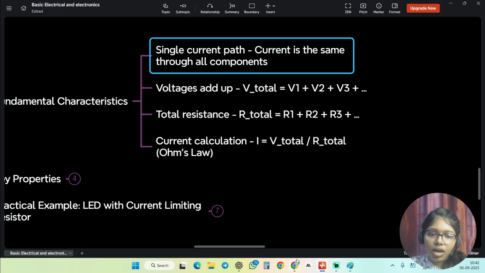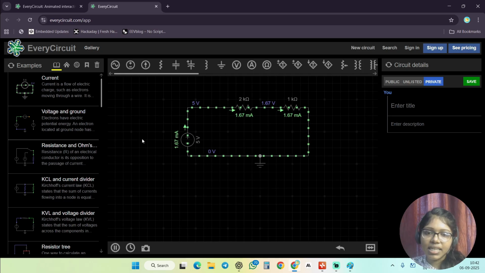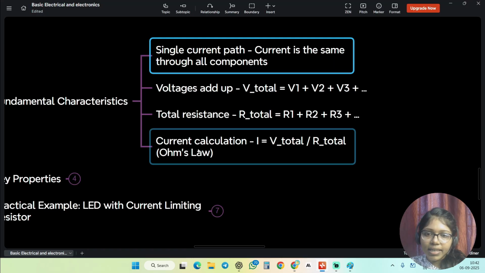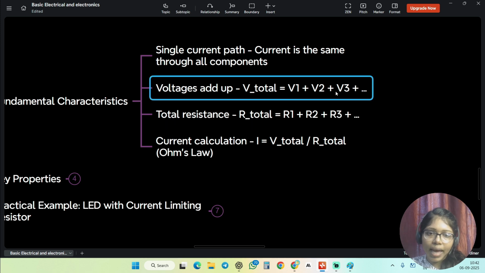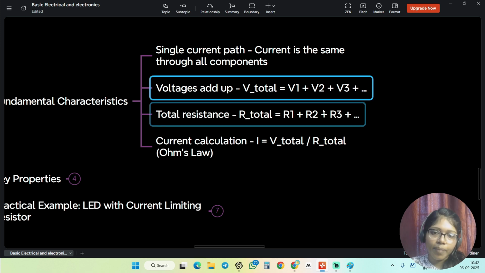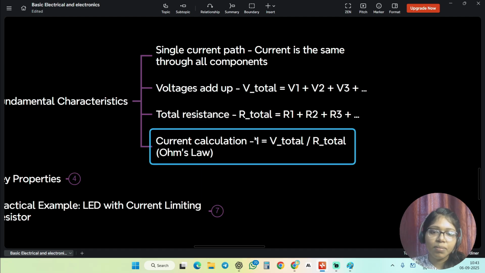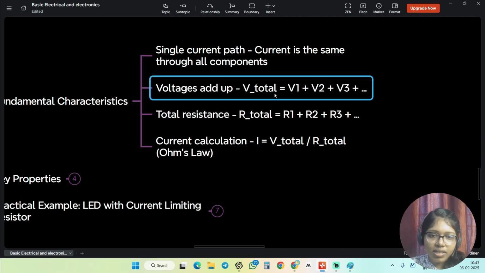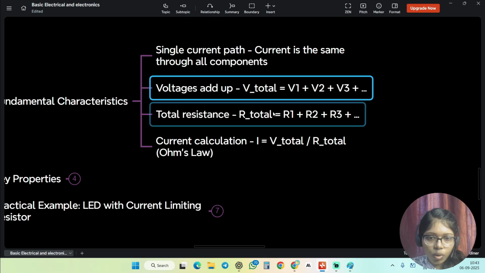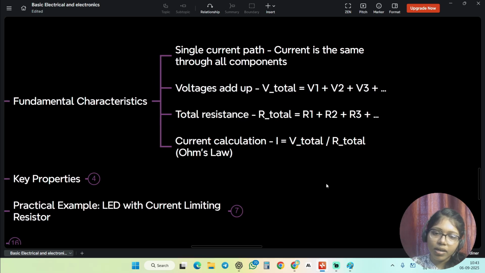With the help of this circuit, you can easily understand how it is actually varying. The voltage you add up, and here you find the total resistance, but you can simply see this current still remains the same. That is the common current we have used. The total voltage is applied in your Ohm's law.